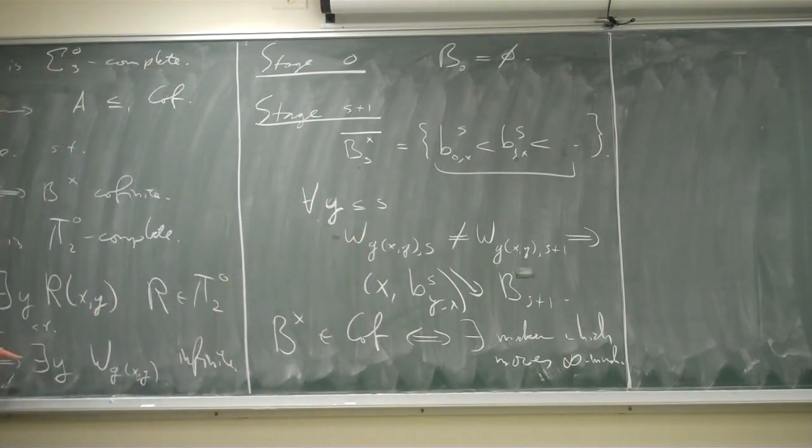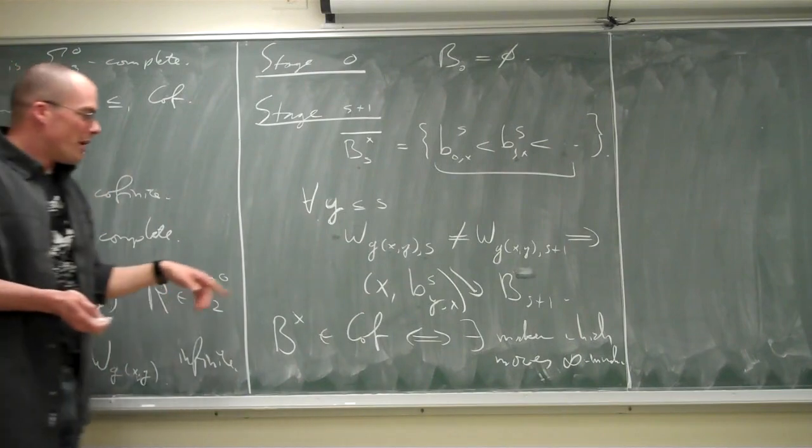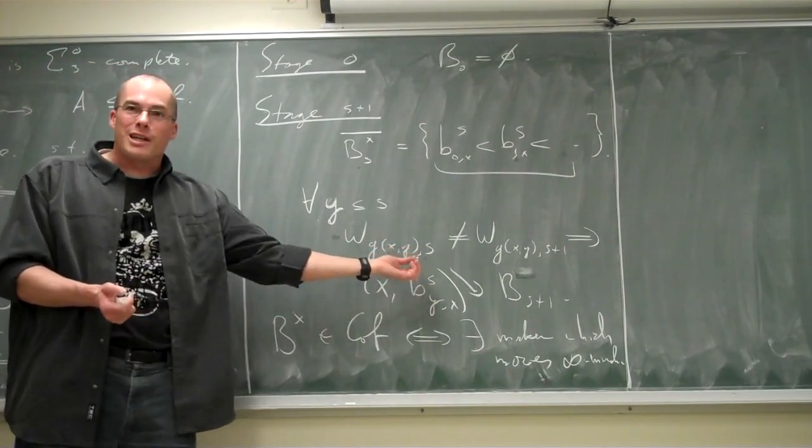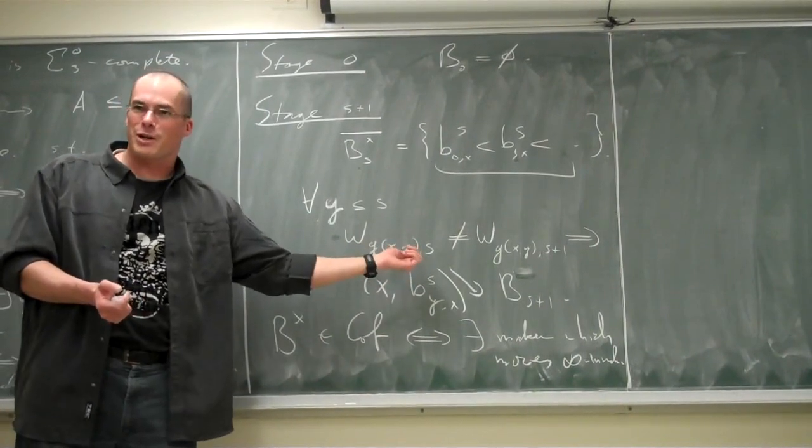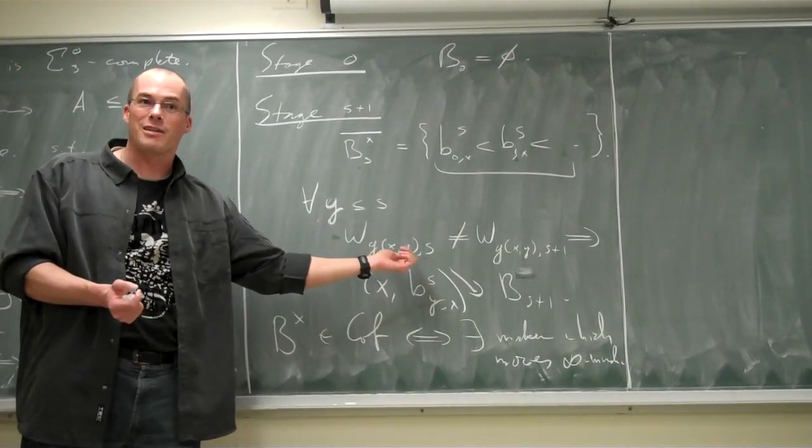If, on the other hand, there does not exist a y such that W_g(x,y) is infinite, that means all of them are finite. That means that for every y, all of the W_g(x,y') with y' less than y are finite.